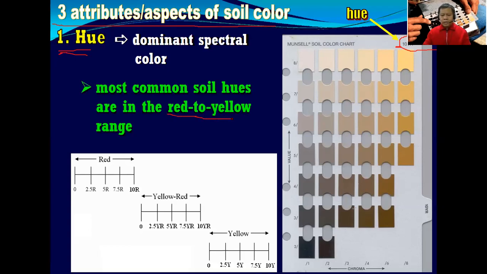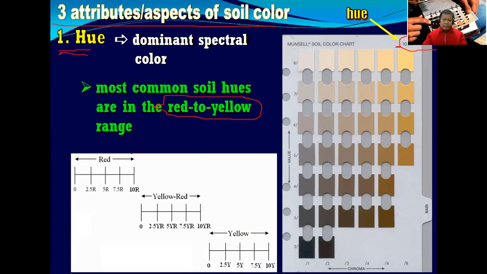Okay, if you are going to observe the color of the soils in the field, the most common soil hue values range from red to yellow. And a combination of red and yellow would somehow produce maybe light brown or any combination of red to yellow. But the most common soil hues are in the red to yellow range.